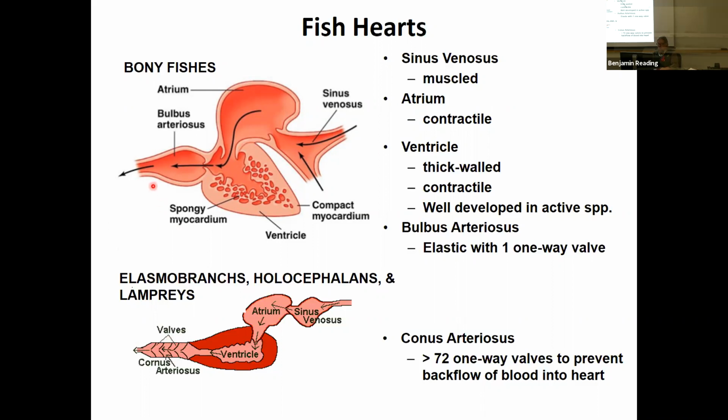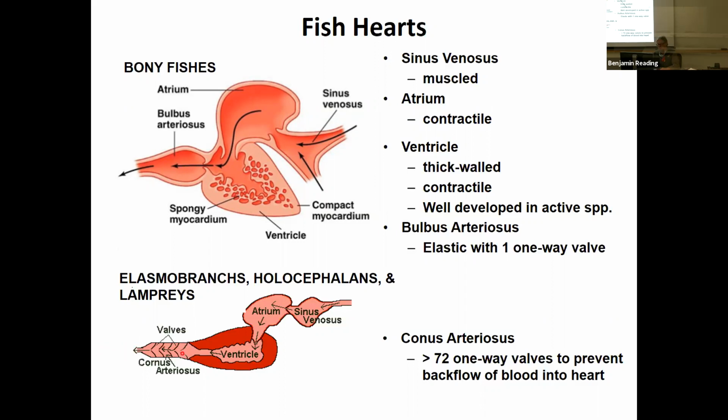Now, the idea here is that this sort of holds pressure and prevents blood from getting back into the heart. In this case, there's a series of valves here. In some species, as many as 72 or more valves that all then store this potential energy of the blood, this pressure of the blood as it's being ejected from the ventricle.